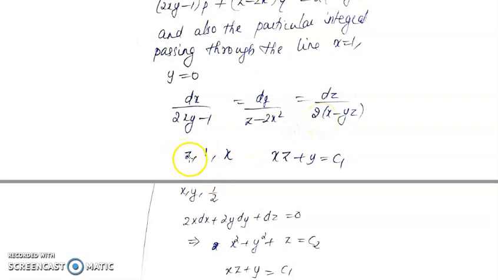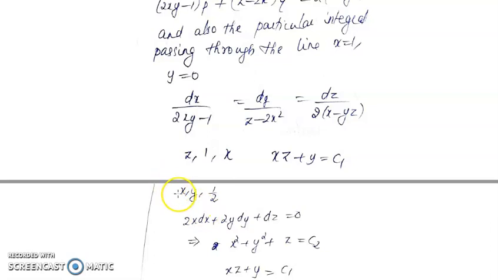That gives me the differential z dx plus dy plus x dz equal to 0. On integrating, you are going to get xz plus y equal to c1. So that is the first solution. Now similarly, when you take the multipliers to be x, y and 1 by 2, again it is 0. So xp plus yq plus 1 by 2 r is equal to 0.